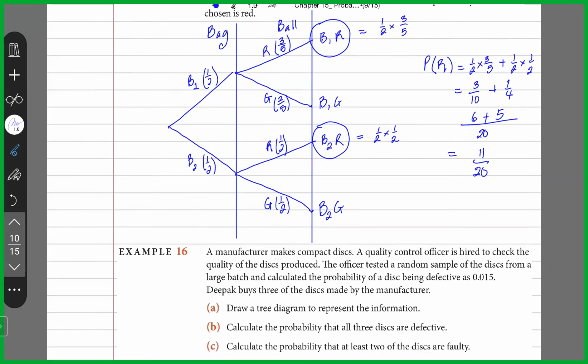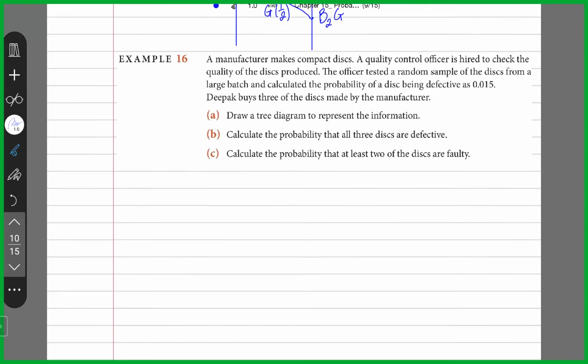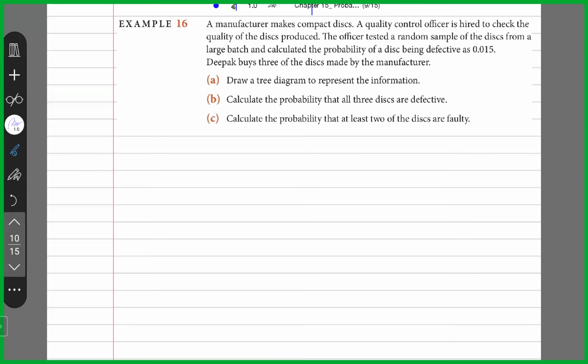All right, so example 16. In example 16, we're told that a manufacturer makes compact discs. A quality control officer is hired to check the quality of the discs produced.